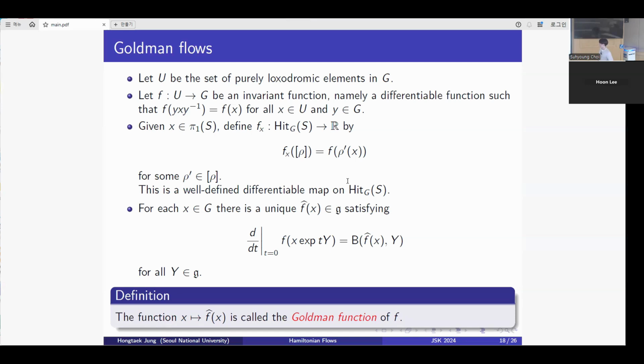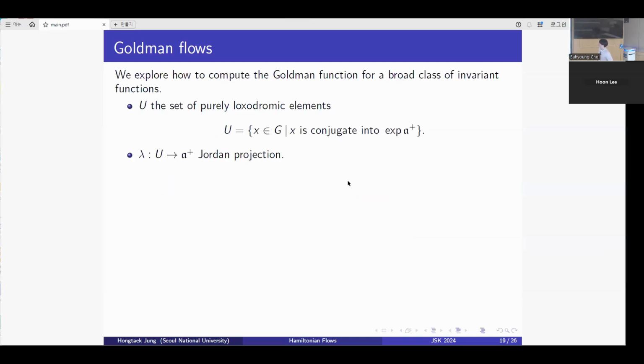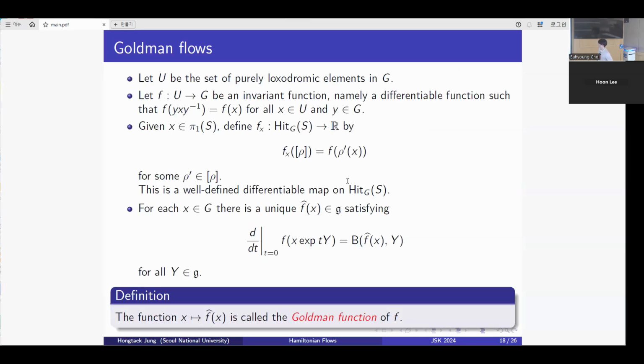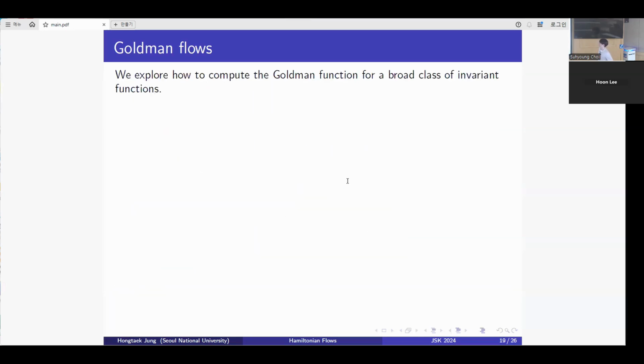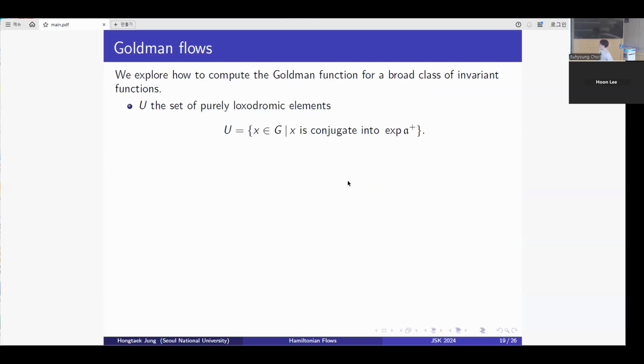And we call this the Goldman function. Now we can compute this Goldman function for a particular class of invariant functions. So U, as before, is the set of all purely loxodromic elements, and lambda is the Jordan projection.